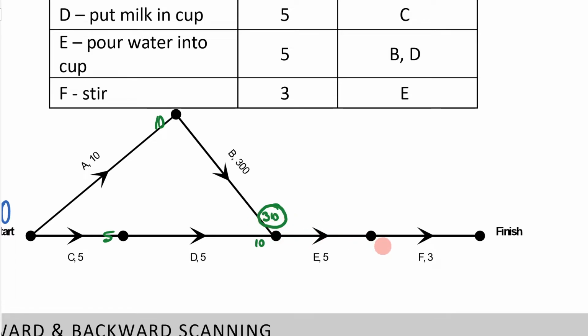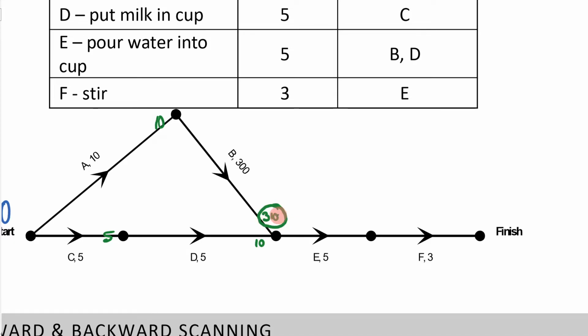So our earliest start time for E has to be 310. It always has to be the bigger number because we're always waiting on the bigger number to be done before we can proceed. Whenever you've got two edges coming to a vertex, your earliest start time is always going to be the bigger number, because it's constrained by the bigger number.